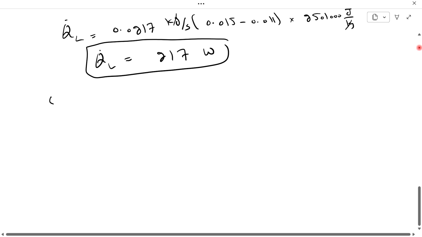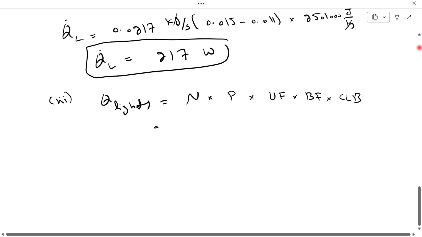Now we are solving part number C or part number 3. Q lighting is required. So Q lighting is equal to number of bulbs multiplied by load of one bulb multiplied by usage factor multiplied by ballast factor and cooling load factor.